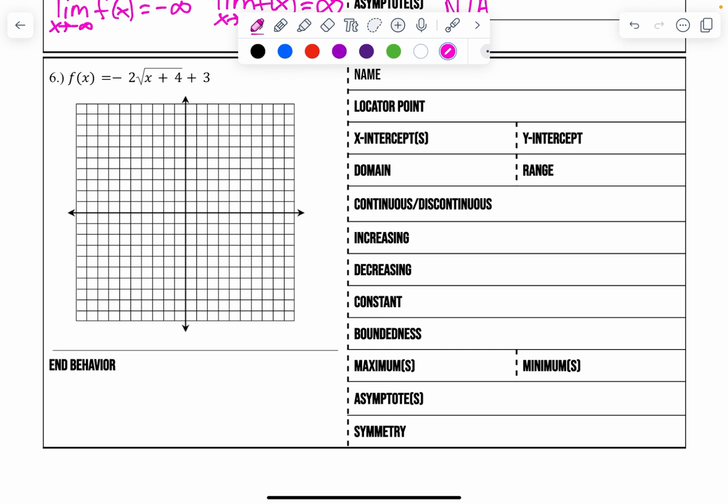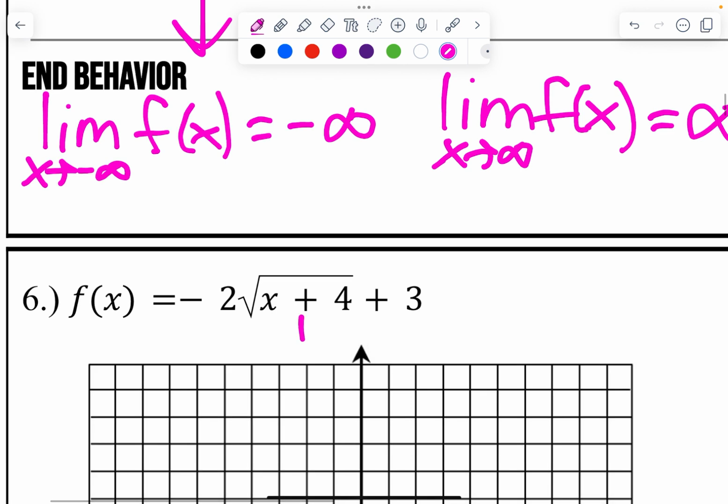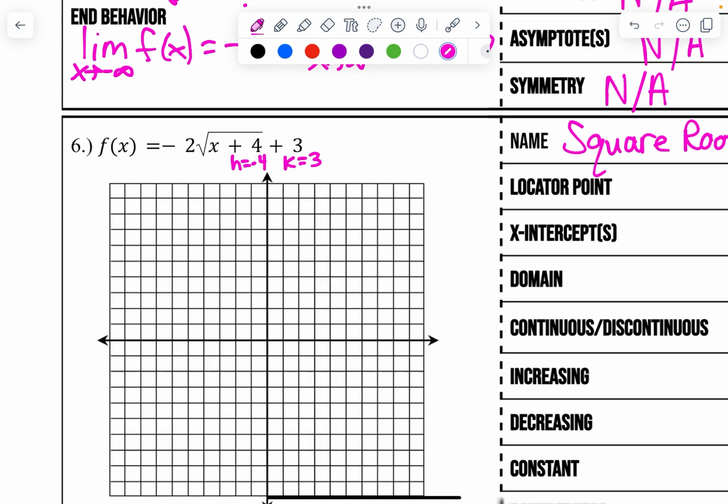So number 6, if I take a look at this equation, I see the square root. So this is a square root function. Again, locator point, h, k, so h is -4, k is +3. So we plot that.